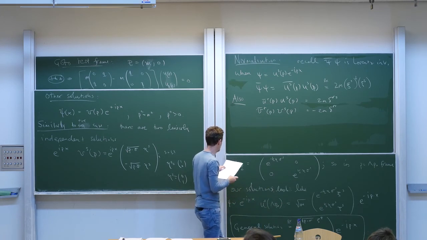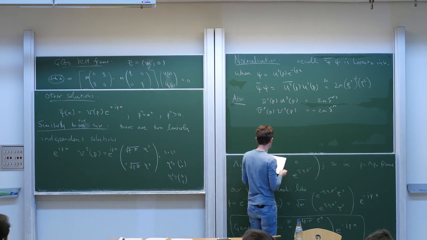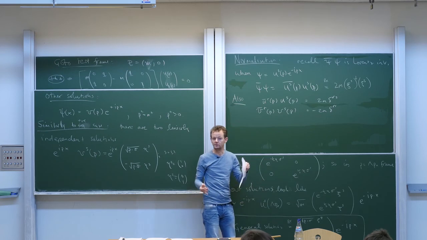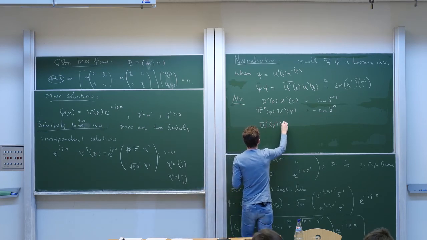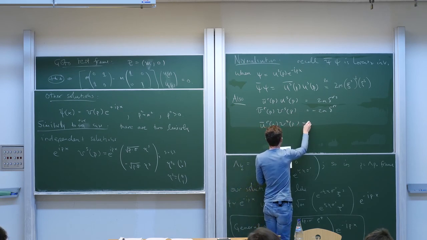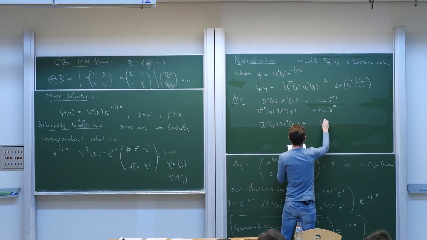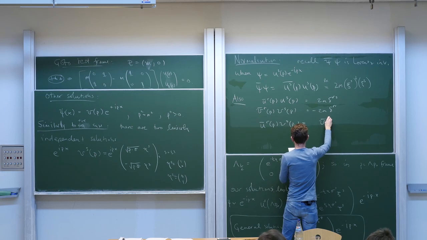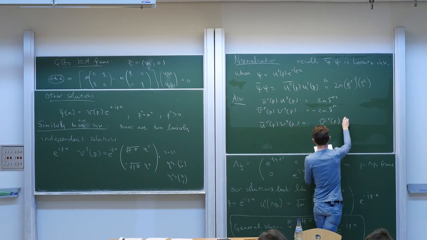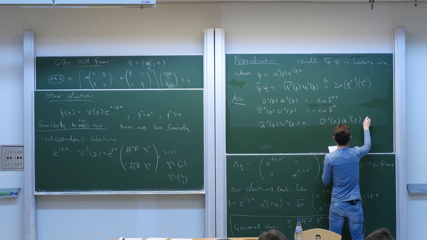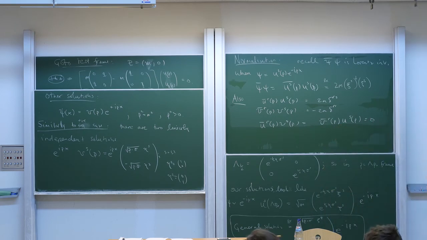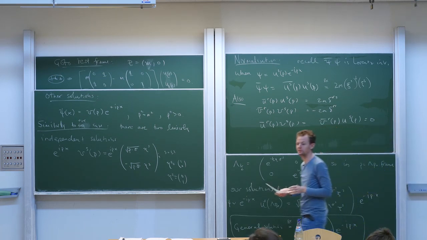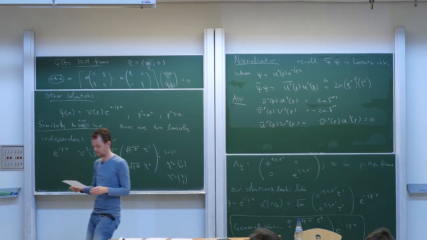And finally, there are some relations between these two different solutions, the u's and the v's. So u_r bar p v_s p is equal to v_r bar p u_s p, which is equal to 0. So we have 4 linearly independent solutions to the Dirac equation in a given reference frame.